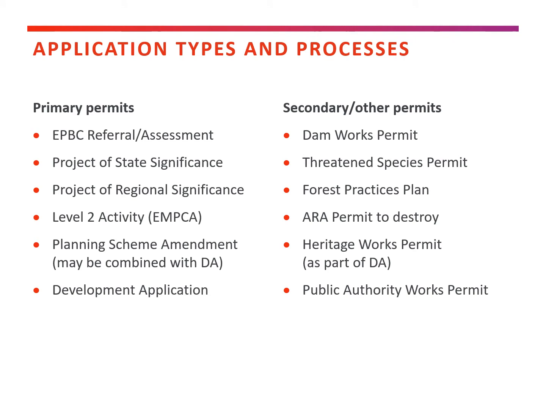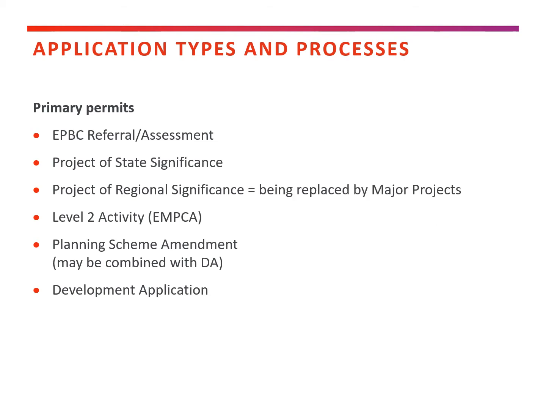So by now you should be familiar with a few different application types and processes. And if we start on the left with the primary permits and then go on to the right, secondary permits. So there are a bunch of things that should sound familiar to you by now on the left, even if those on the right don't sound familiar. So primary permits include those that you might need from the Commonwealth.